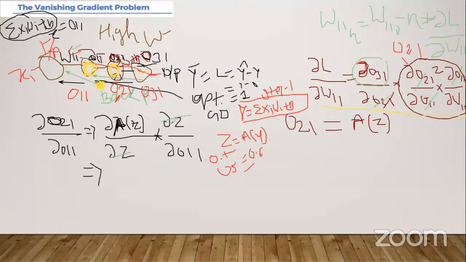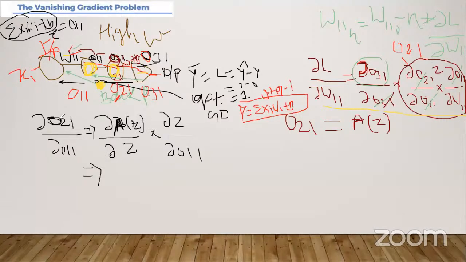When I'm trying to calculate this further derivative with respect to z, I can expand it. Let me again rub some things over here. Now you are clear what is happening over here. This dO11 can be written in the form of a of z. That means this passes through the weights and biases and the activation function, and I'm writing it by multiplying and dividing by dz.